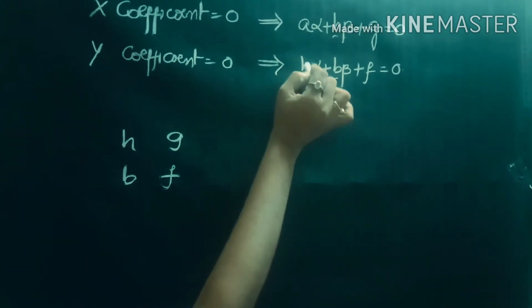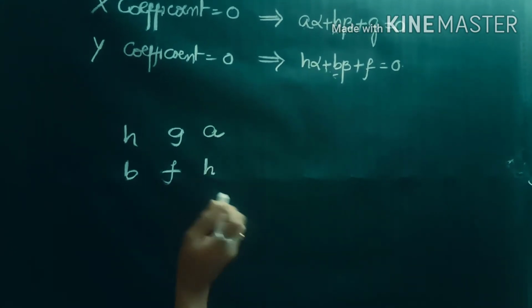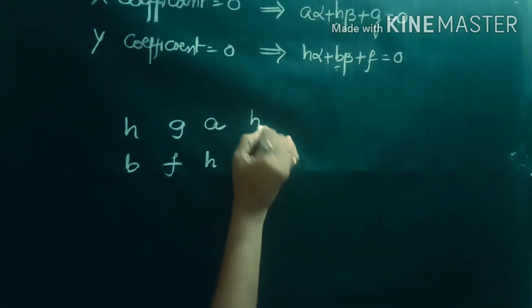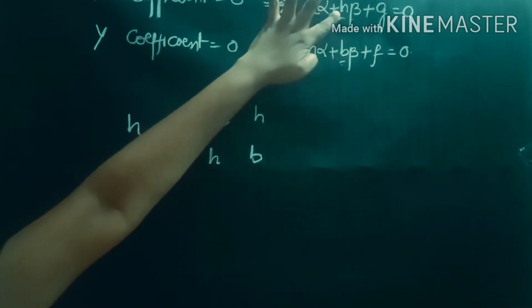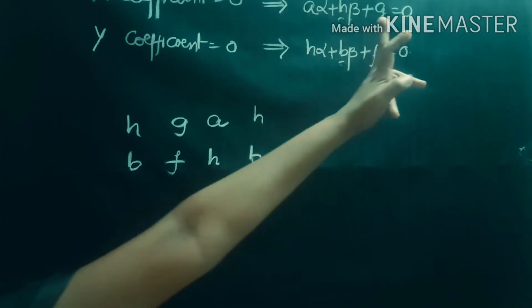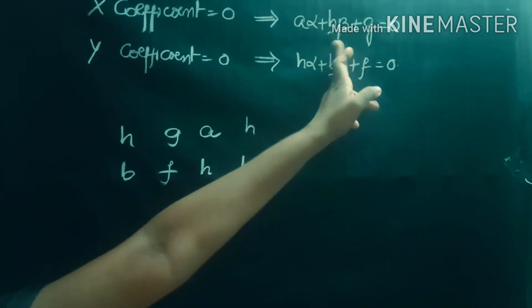Next we write the first term coefficients, that is a, h. Again we take the middle values h, b.